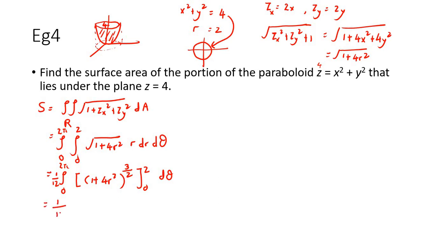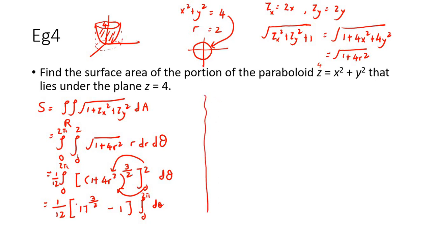So 1 over 12. Now plug in the upper limit: 2 squared is 4, 4 times 4 is 16, 16 plus 1 is 17. So you have 17 power 3 over 2. When we deduct the lower limit, we plug in 0, and this one becomes 1. Lastly, you still have integrate 0 to 2 pi d theta.